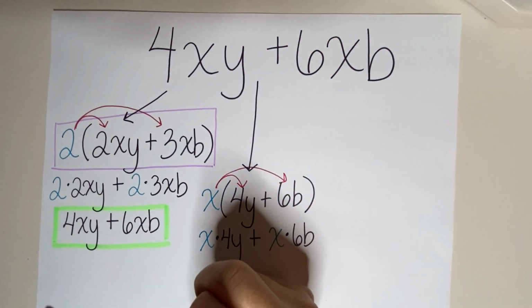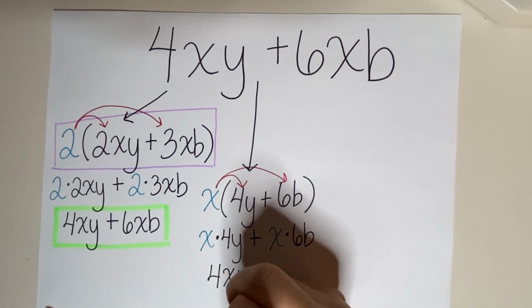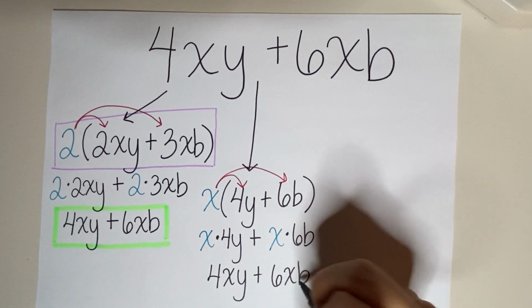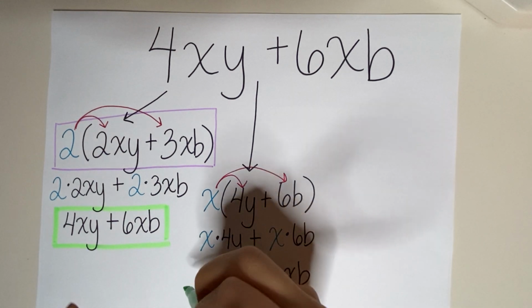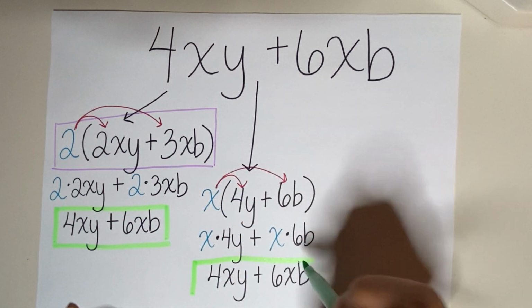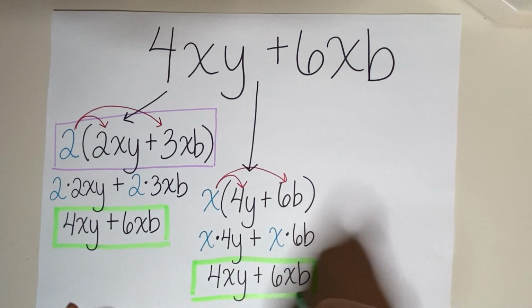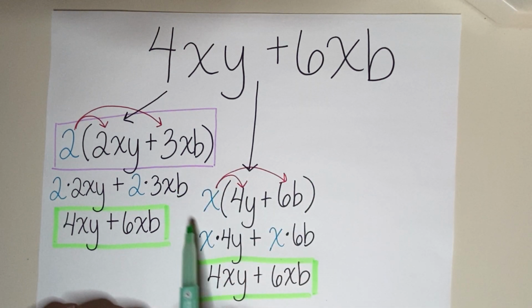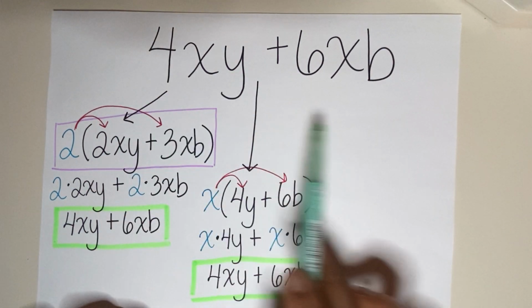We get the same thing. We have 4xy plus 6xb. That's how I know that this is an equivalent expression to this up top.